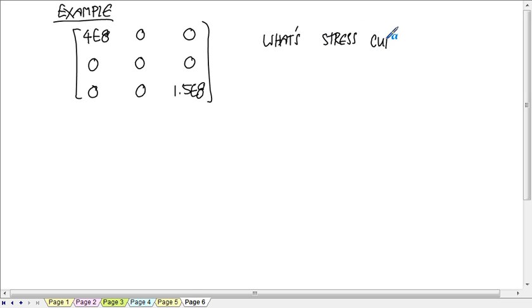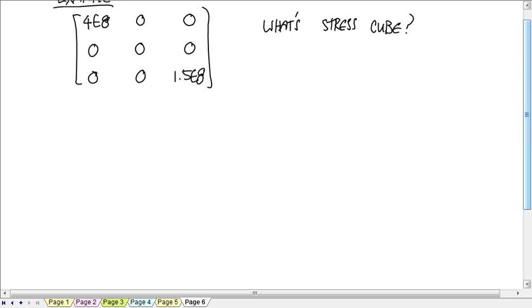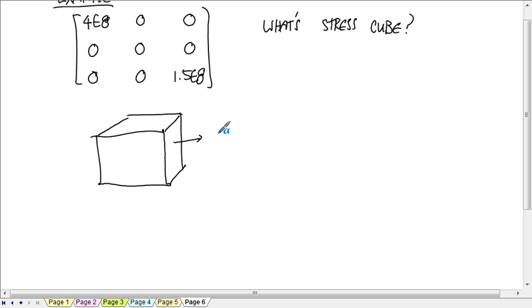What's the stress cube? In this case, we just have two normal stresses, no shear stresses. In the positive X direction, we have 4 times 10 to the 8th. In the Z direction, we have 1.5 times 10 to the 8th.